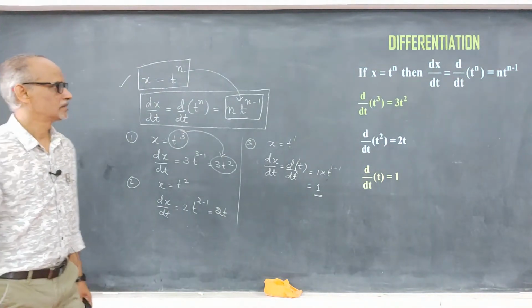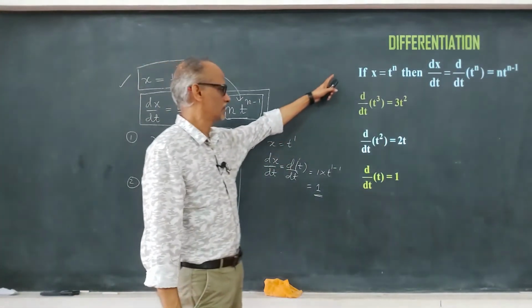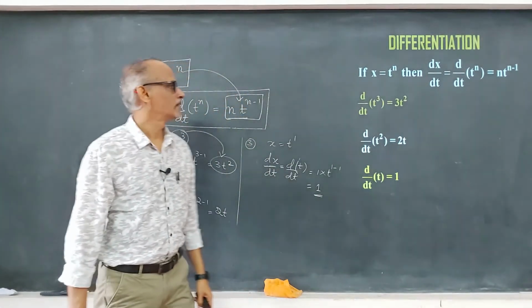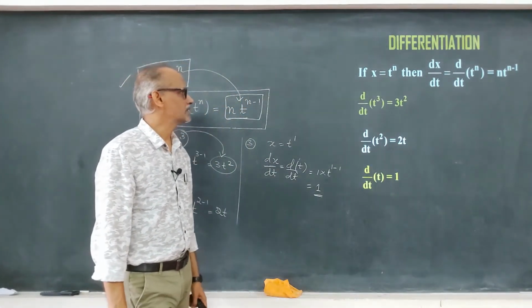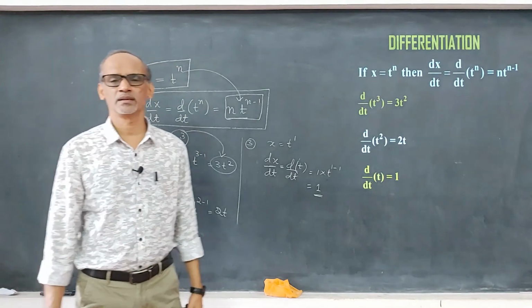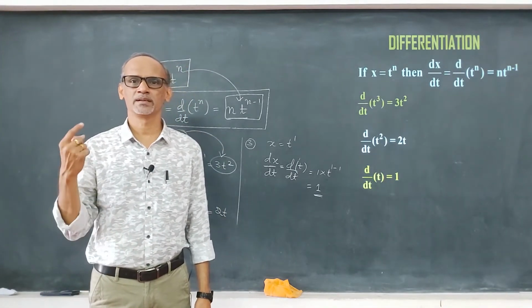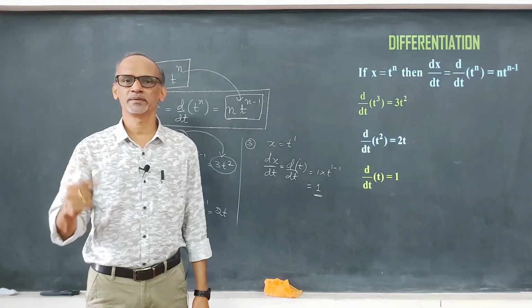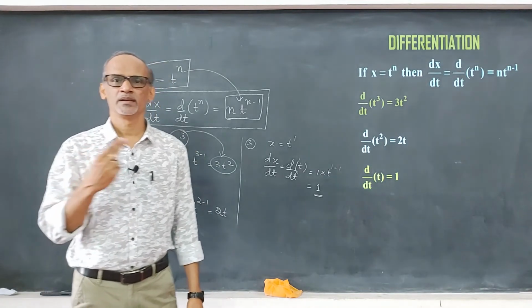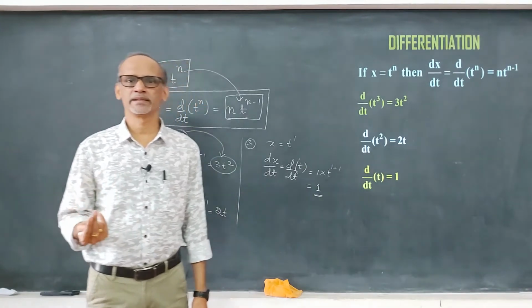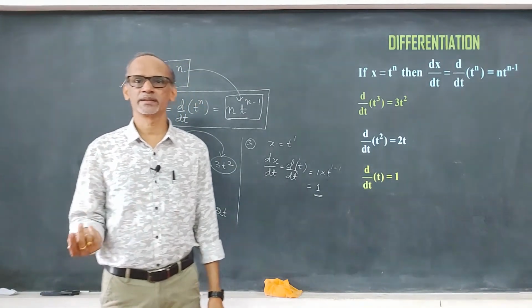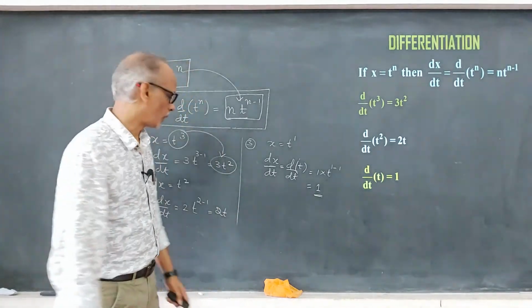So therefore, 4 important formulas here, not 3. The first one is x is equal to t to the power n. When x is t to the power n, the formula is dx by dt is n into t to the power n minus 1. When it is t cube, it's 3t square. When it is t square, it is 2t. When it is t, that's equal to 1.